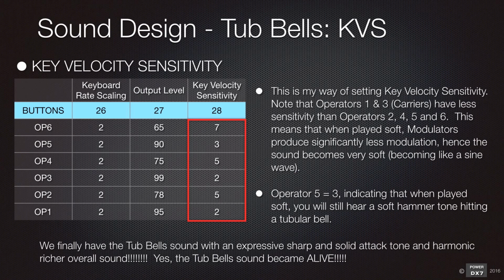You can play harder or softer, and the DX7, despite its 80s technology, faithfully recreates the amazing tube bells sound in real time. What we really did was to fully take advantage of the DX7 FM synthesis by creating sharp and solid attack and harmonic rich tone with greater expressiveness. This is what the DX7 was designed for, using its FM synthesis to generate realistic metallic sound.